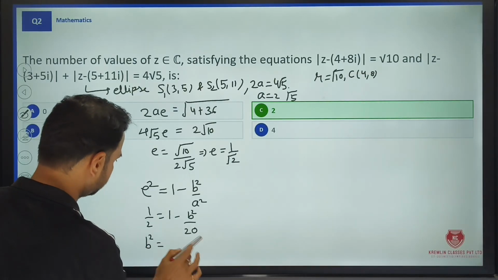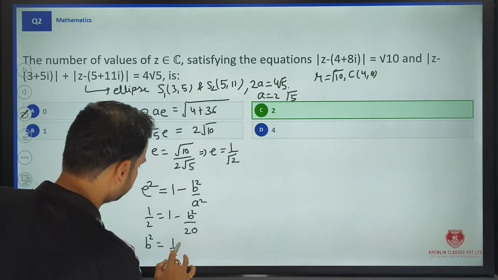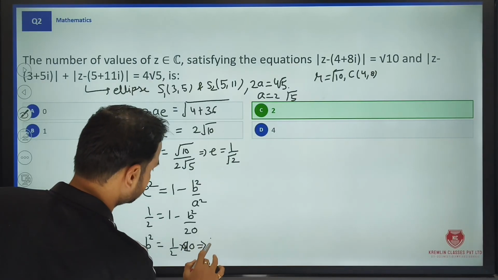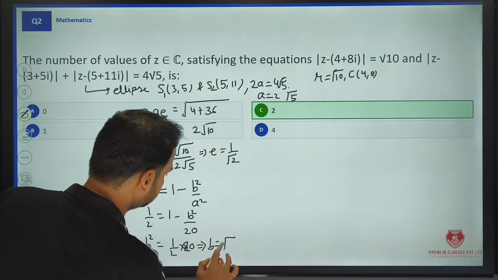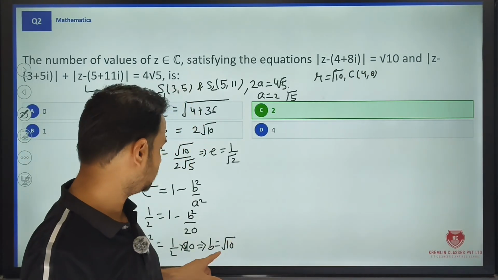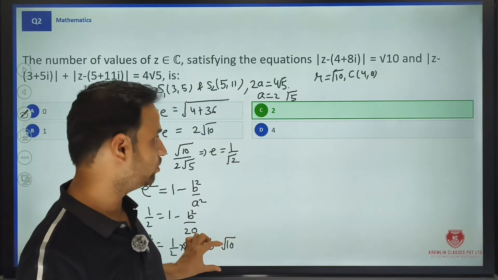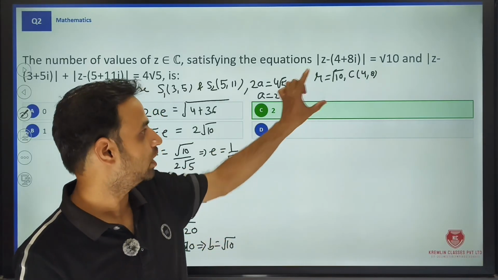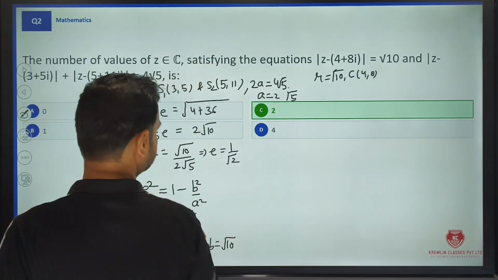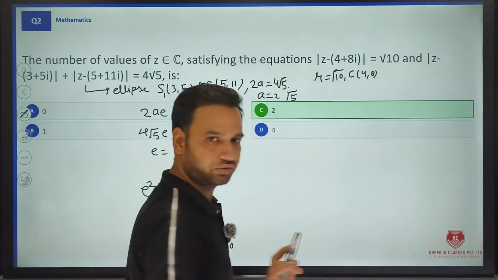So b squared comes out to be 1 by 2 into 20, which is 10. So b will come out to be root 10. It is clearly seen that the semi-minor axis and the radius are equal. And what about the center? We are drawing the rough figure only.